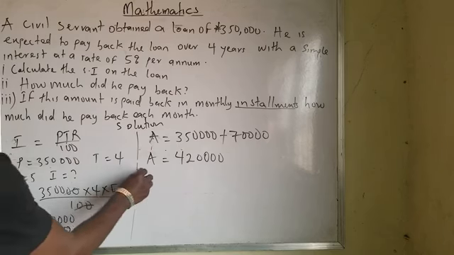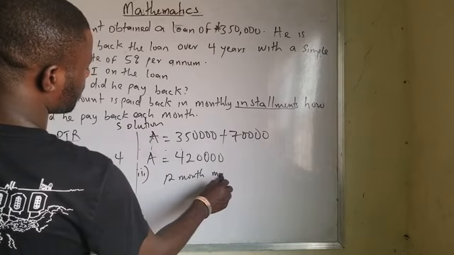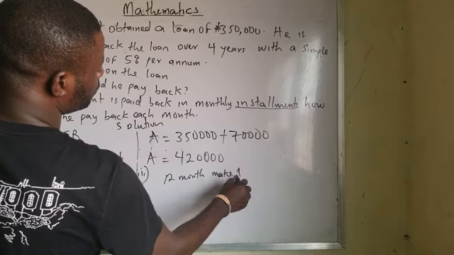Now, the number 3 part: if this amount is paid back in monthly installments, how much did he pay back each month? Don't forget that a year equals 12 months. 12 months make a year.